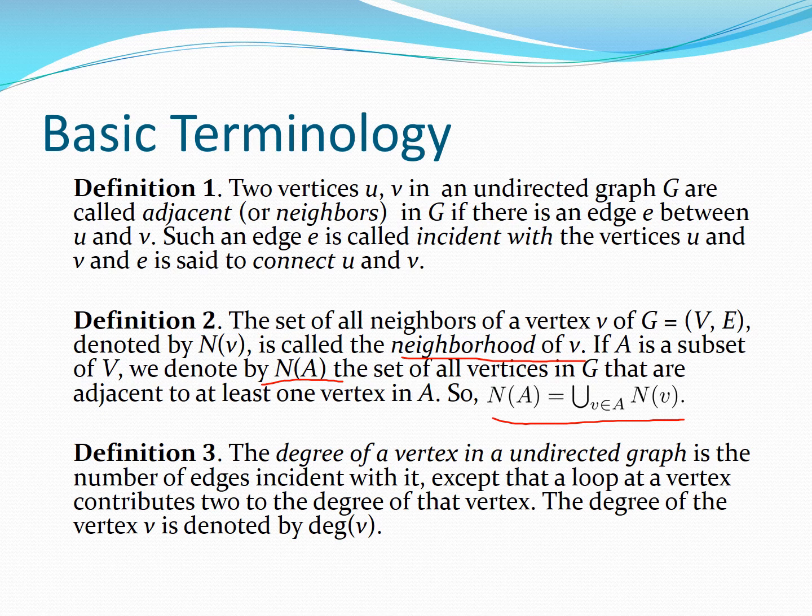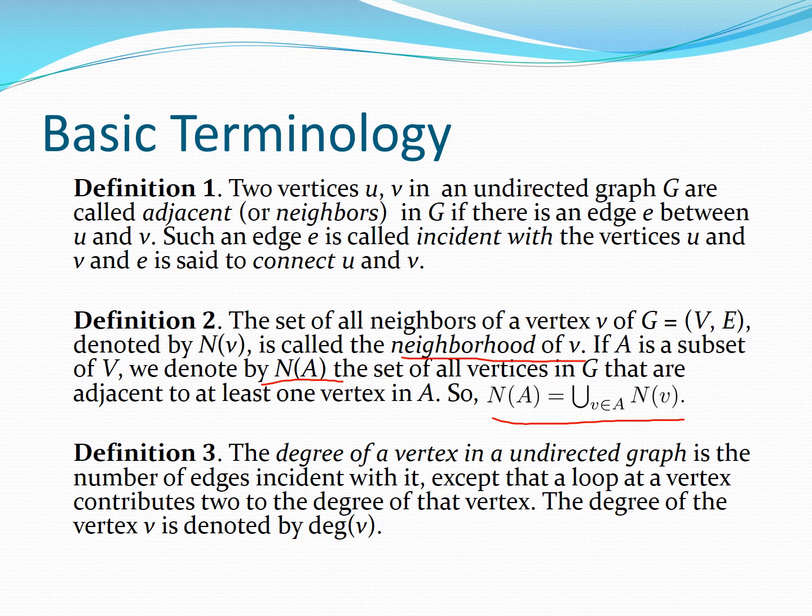The number of edges which are incident upon that vertex is the right terminology to use. So the number of edges which are coming out or going into a given vertex, because this is an undirected graph, is called the degree of that vertex.